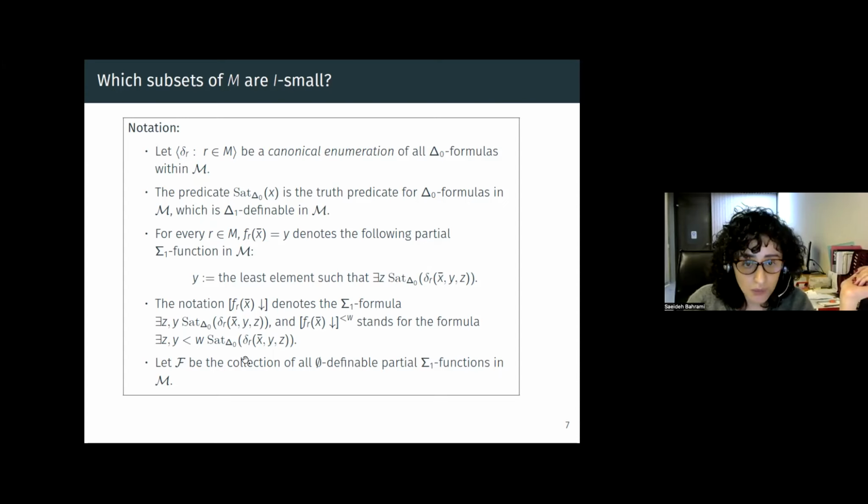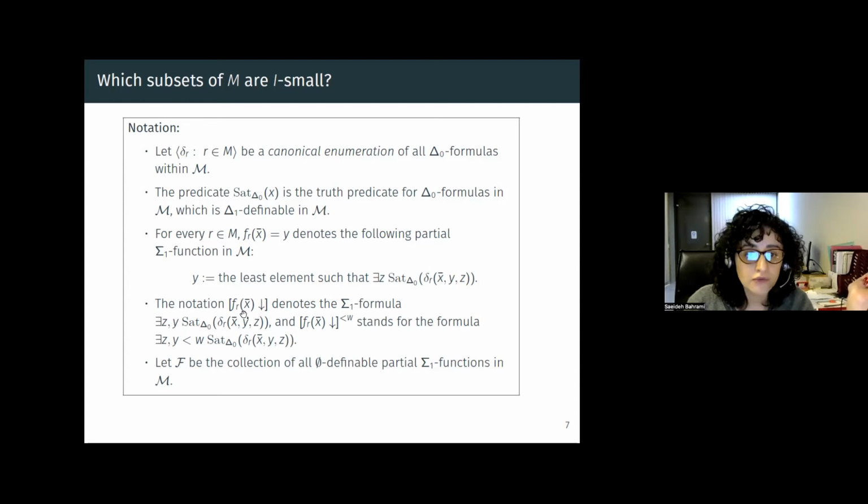And these are some notations for every R in M. Whenever I'm talking about the function of R of X, I mean the sigma 1 function which is the least element such that this property holds.